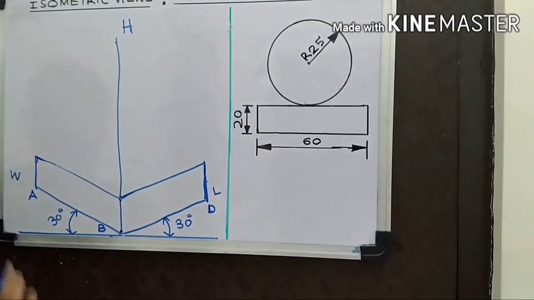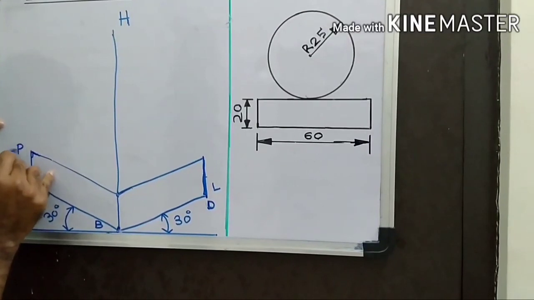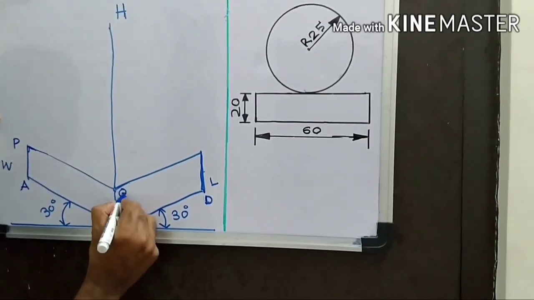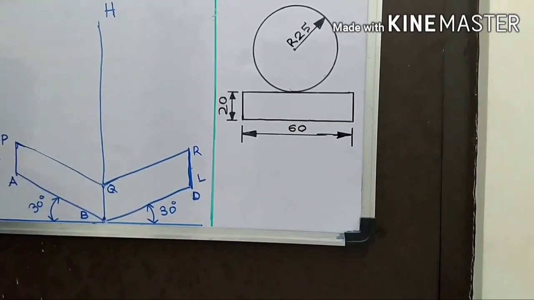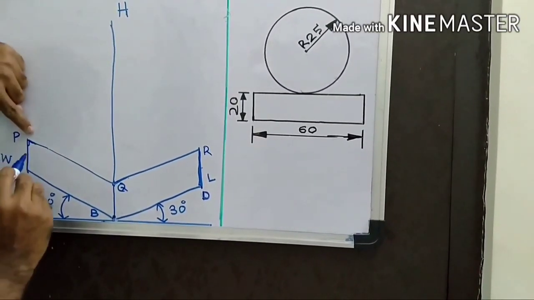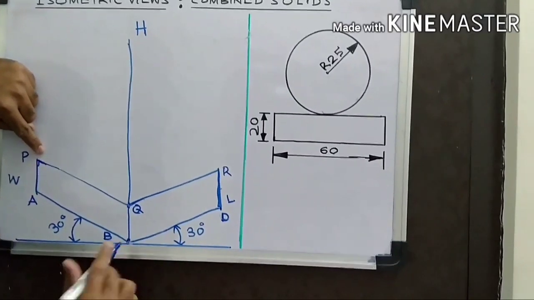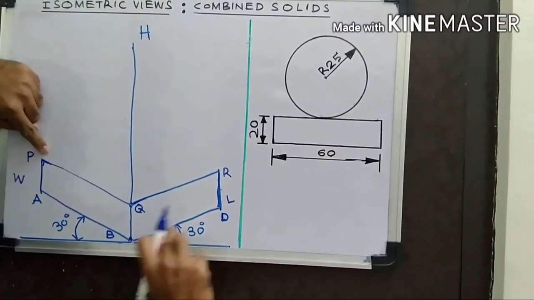Now name this point P, this is Q, this is R. Passing through P, draw a parallel line to BD.